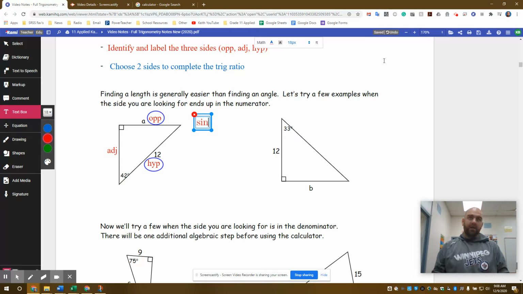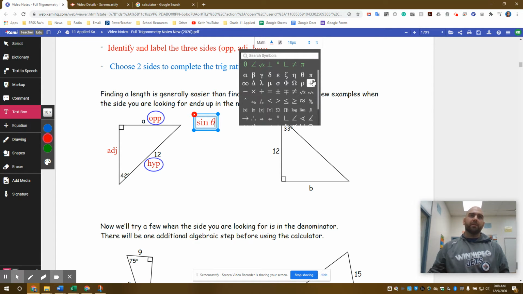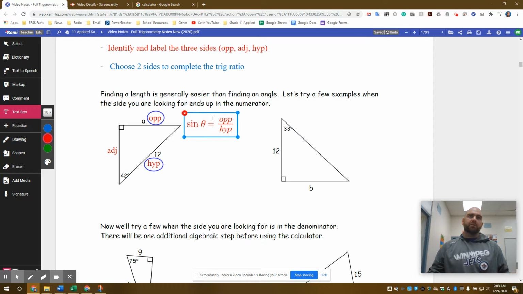So sine of theta is equal to the opposite over the hypotenuse. So this is the equation that we're going to be using to solve this one, because we are looking for the opposite and we know the hypotenuse.